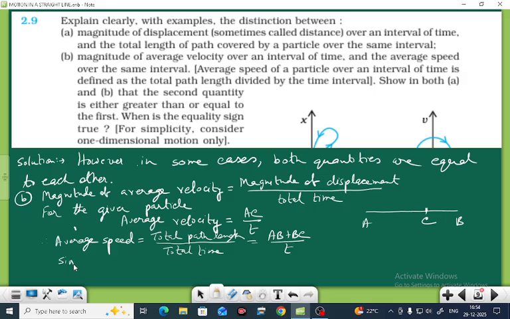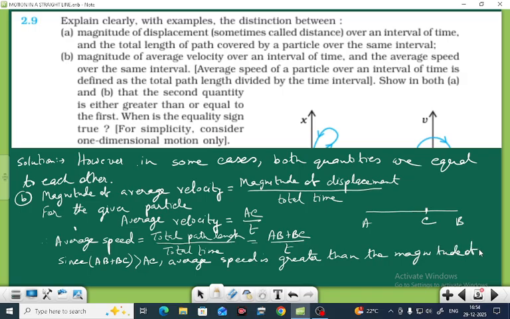Since AB plus BC is always greater than AC, average speed is greater than the magnitude of average velocity.